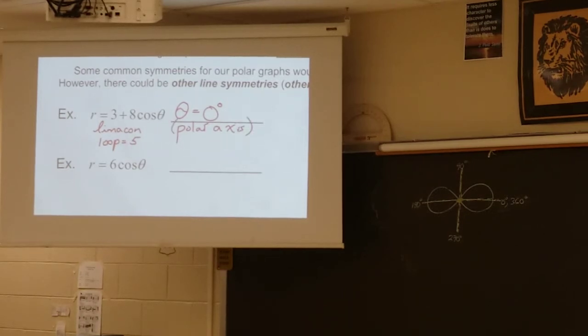Now, to be clear, you don't have to say both. You can. But as we look at that limaçon, that's the only line that we can fold the graph over. And so it only has one line of symmetry.